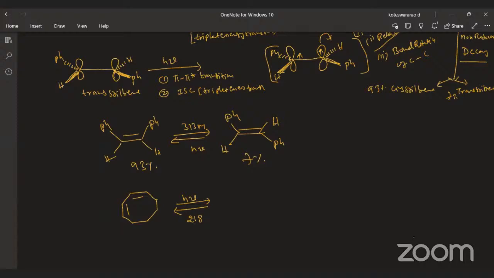After the formation of the photostationary phase, look here, the trans isomer of the cyclic product will be like this. That is the trans isomer.